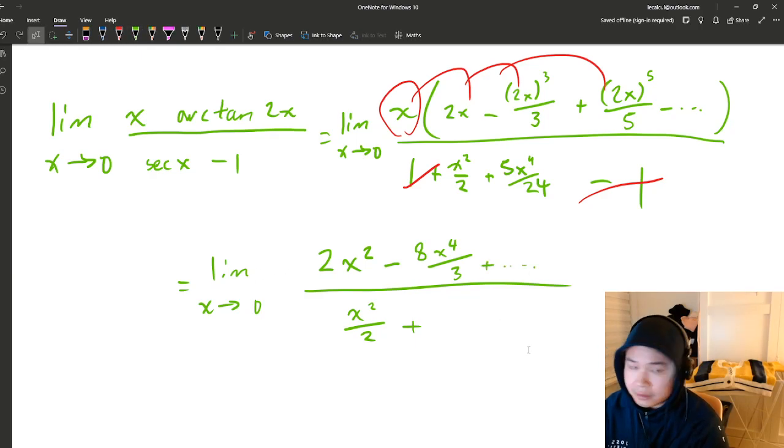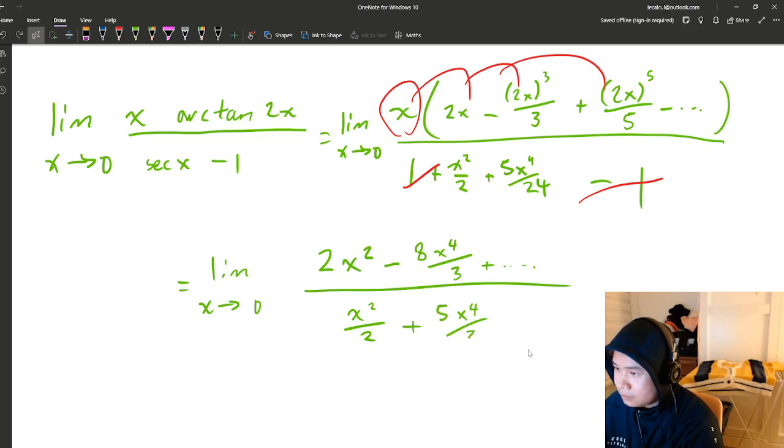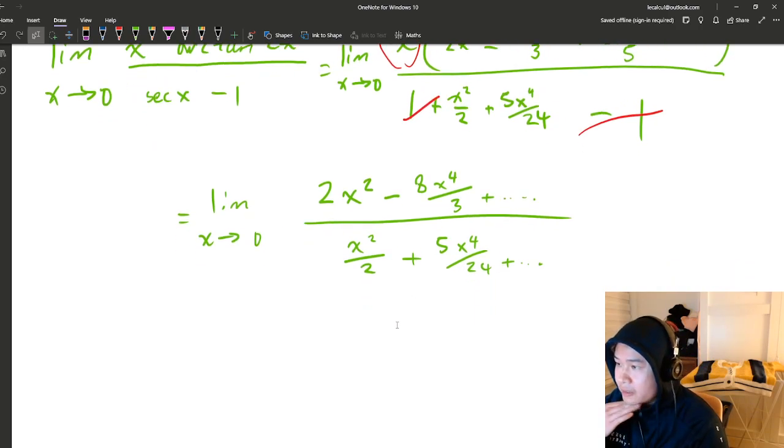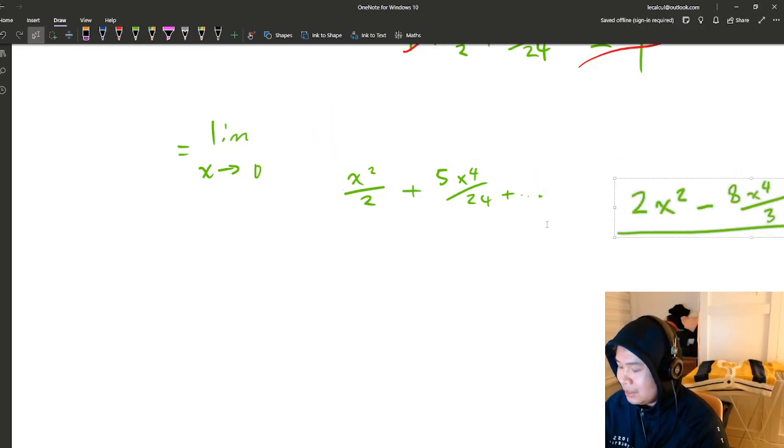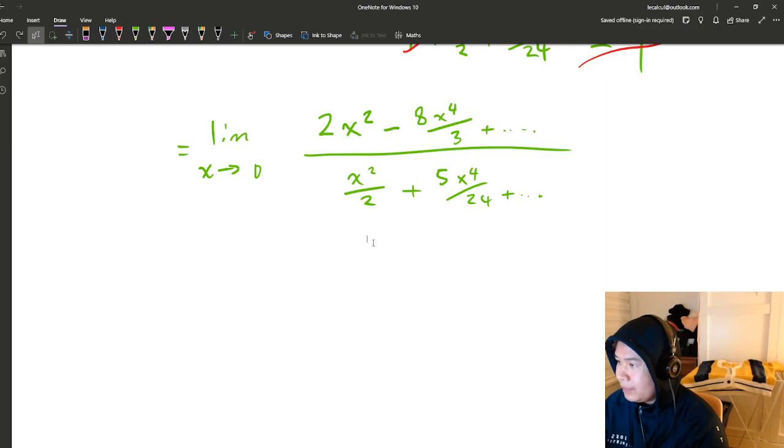Okay, and then if we want to evaluate the limit, notice we do have an issue with a bunch of zeros everywhere. So what we're going to do is factor out an x squared from the numerator and the denominator.